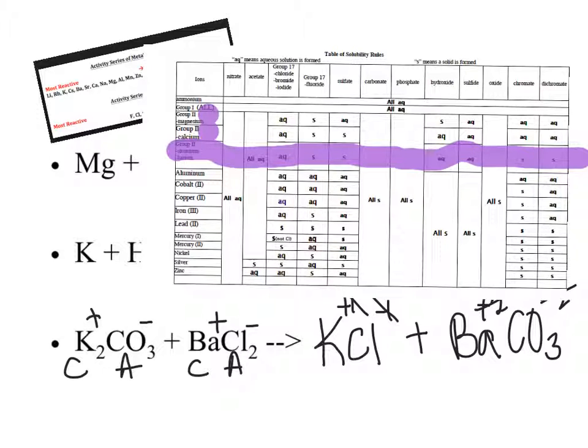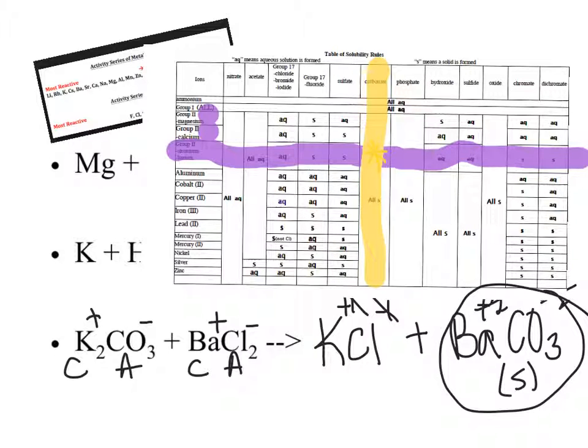So carbonate is here. So those match up right here, and it's going to be a solid. So we indeed have a precipitate formed, which means that this reaction is going to happen, and it's a double replacement. I hope this has helped you in your single and double replacement reactions.